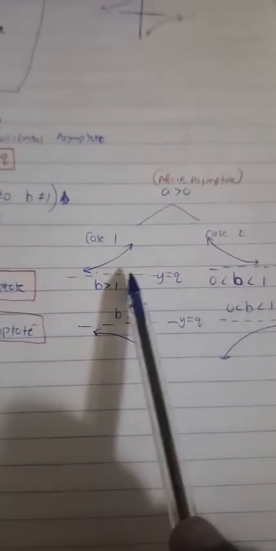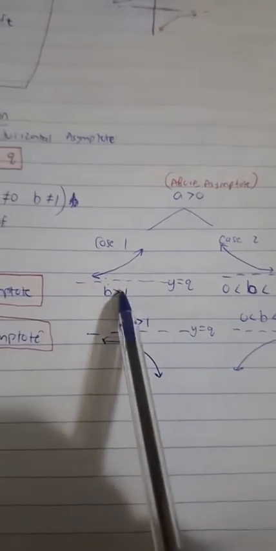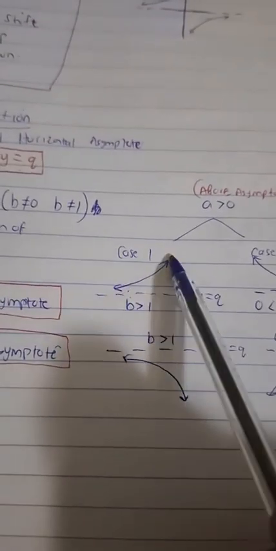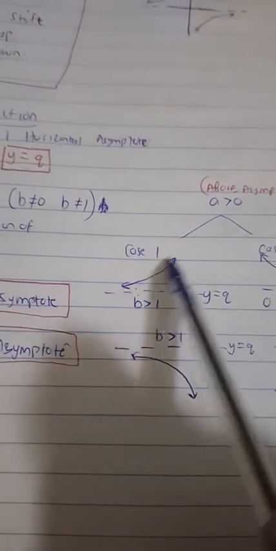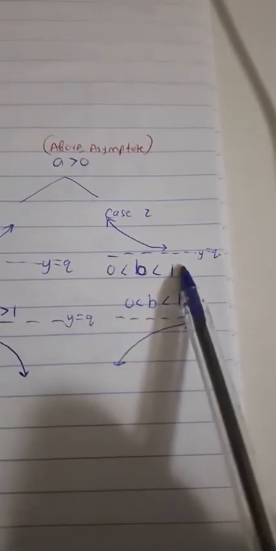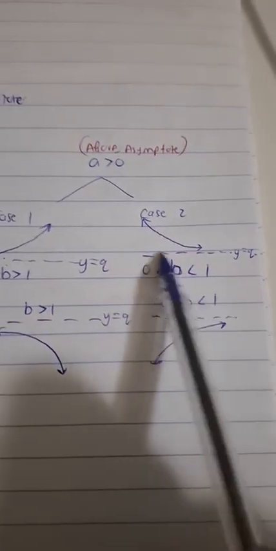If b is greater than 1 and a is greater than 0, then our function will be above the asymptote and it will be an increasing function. But if b is between 0 and 1, then it's a decreasing function, but it's also found above the asymptote.